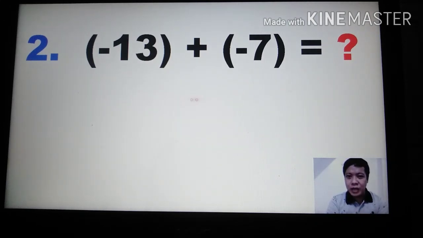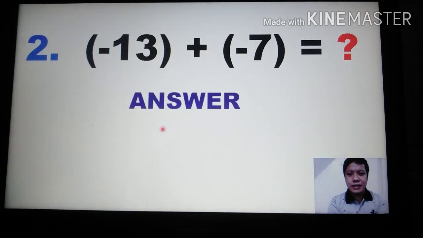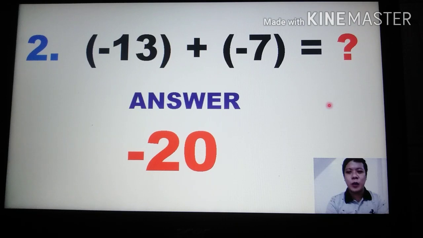We have the rule. If they are like sign, are you going to add or subtract? Our answer for this question is -20. If you got -20, you got the correct answer. Why -20? Because according to the rule, if they are like sign, what you have to do is to add their absolute values and follow their sign, or copy the common sign of the two integers, which is negative.